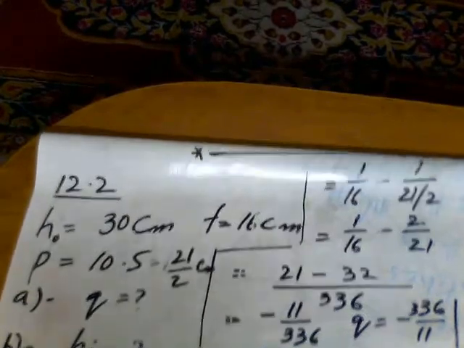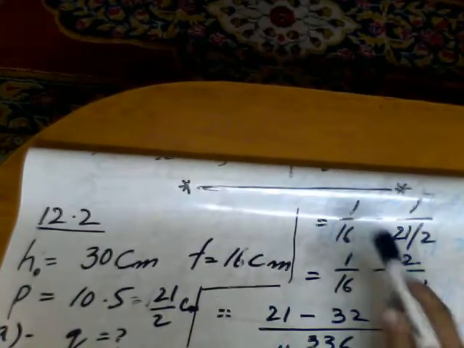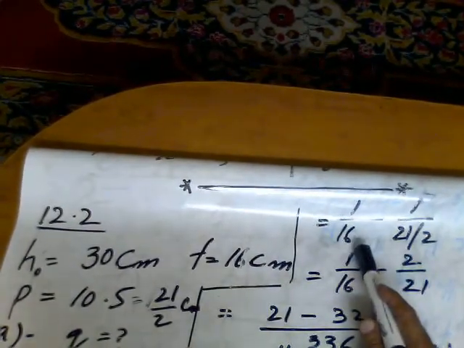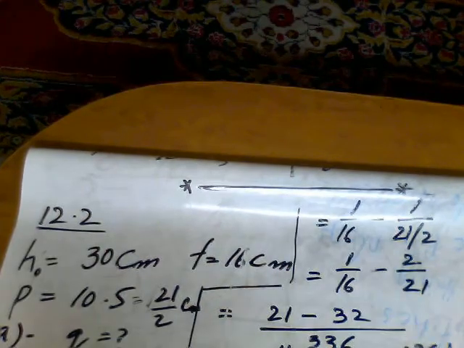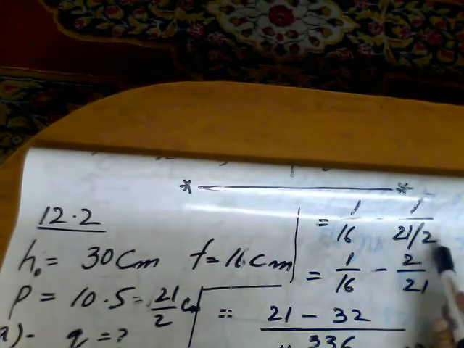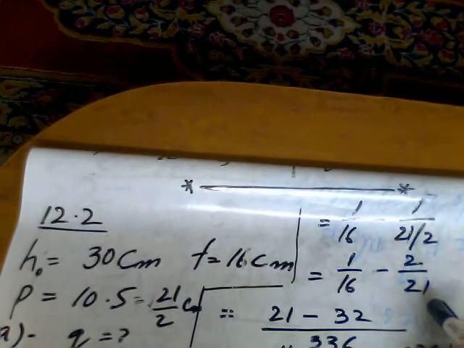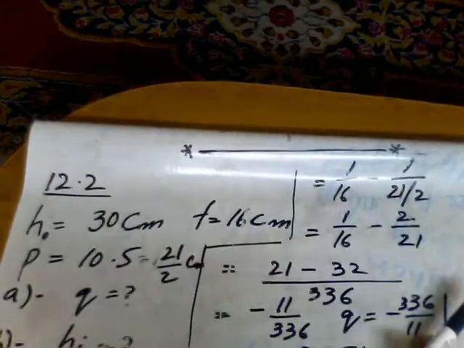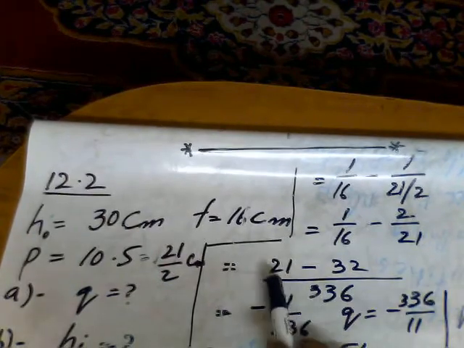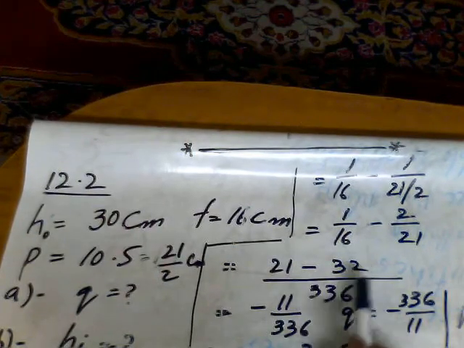Now, while we place the values in the equation, 1 over 16 minus 1 over 21 over 2.